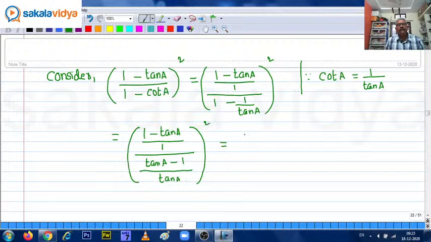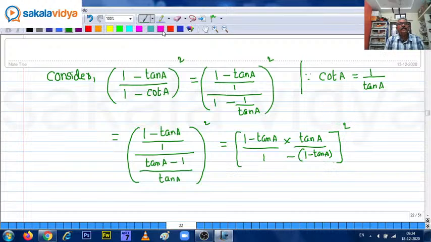This we can write 1 minus tan A upon tan A minus 1 by tan A, multiplied by reciprocal, tan A upon tan A minus 1. Tan A minus 1 means take minus common, 1 minus tan A, whole square. Here we observe that this 1 minus tan A gets cancelled.